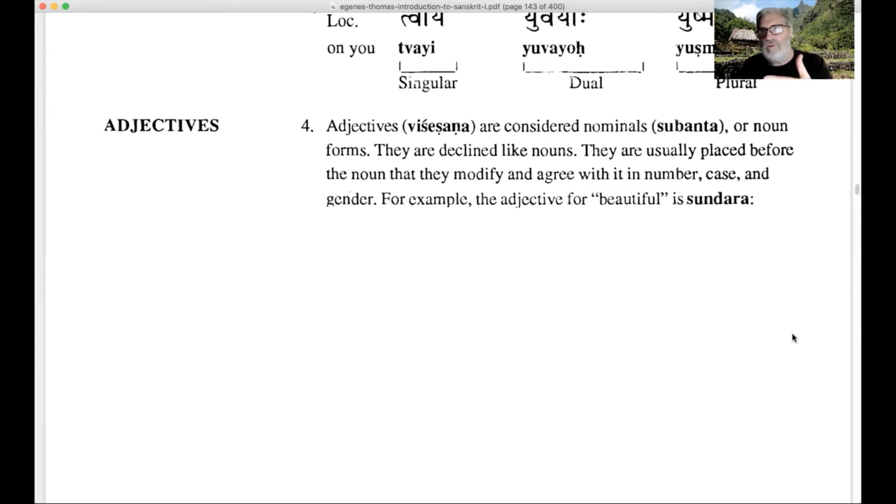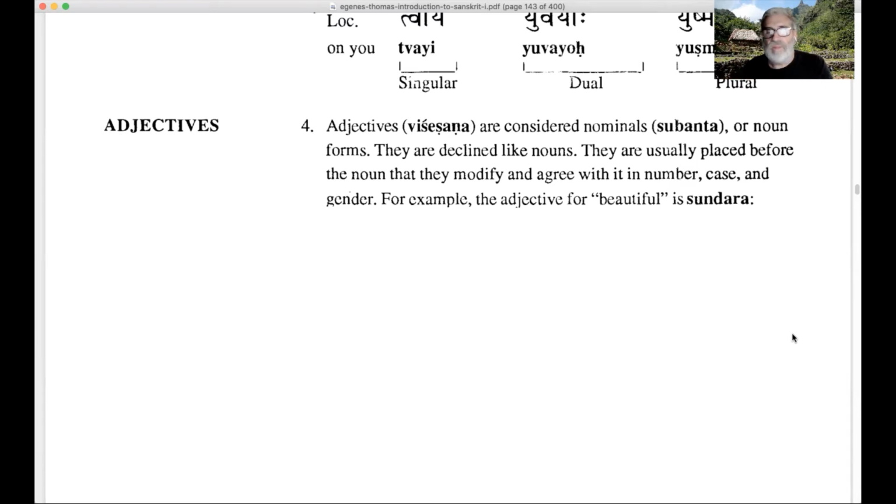In Panini's code, not in the Maheshwara Sutras, excuse me, sup represents all of the different endings that we have for the 8 cases and the 3 numbers. Nominative, accusative, instrumental, dative, ablative, genitive, locative, vocative. All these 24 endings, 3 numbers times 8 cases, are called sup.